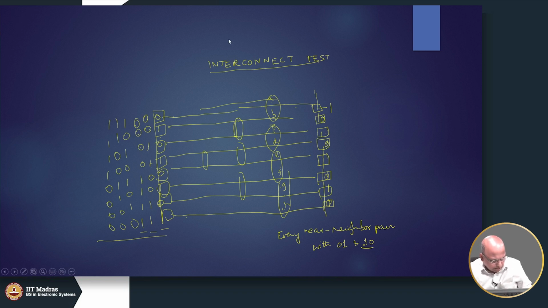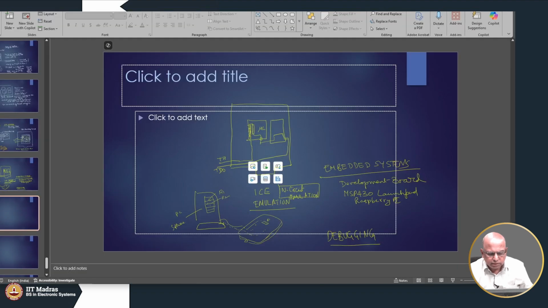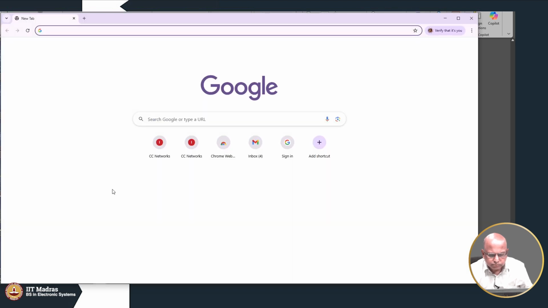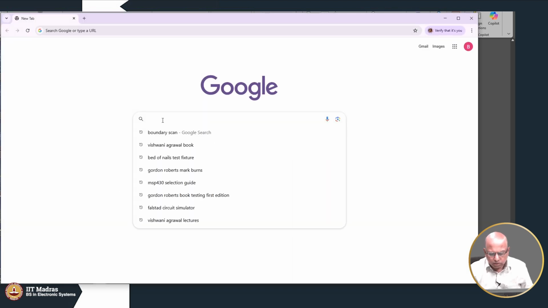More recently, they have also developed an interconnect standard for analog test. Okay, so let me show you that also. So analog test bus.